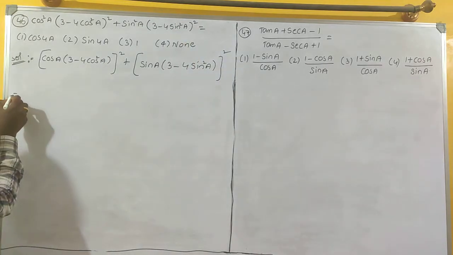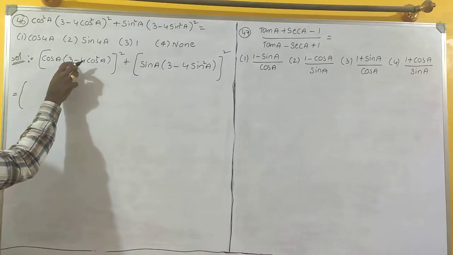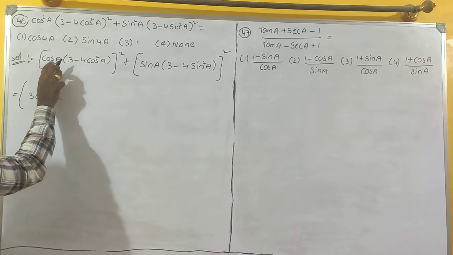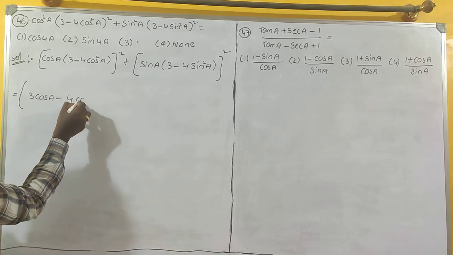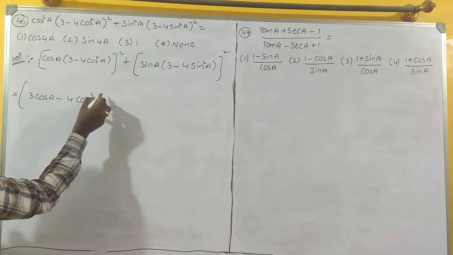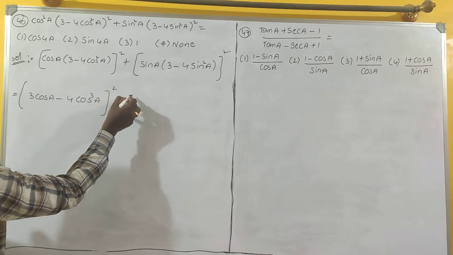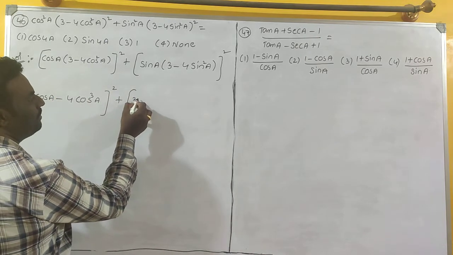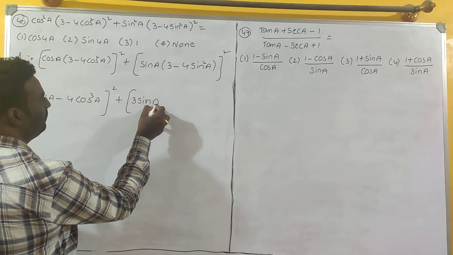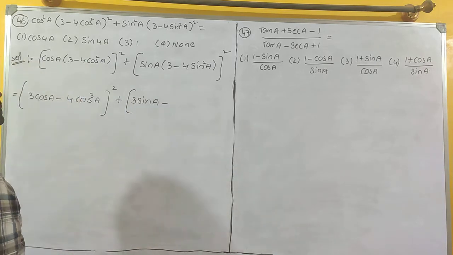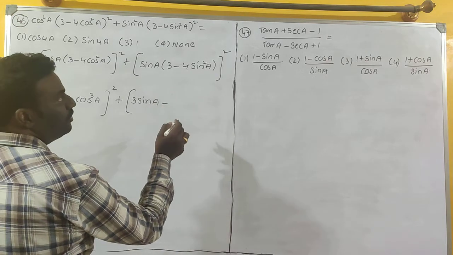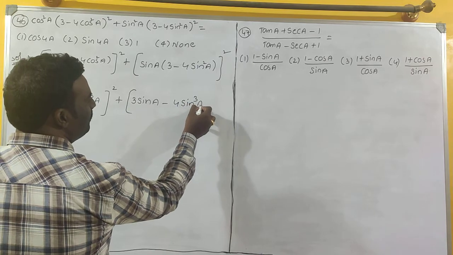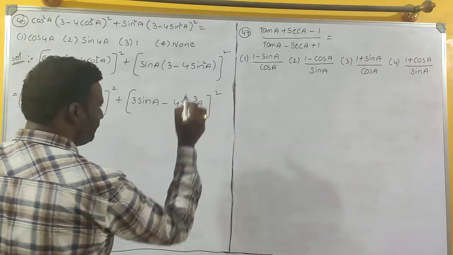That equals to, if you multiply cos a into 3 cos a, cos into 4 cos square a, that is nothing but 4 cos cube a. Here also, sin a into 3 sin a. Now here sin a into 4 sin square a, that is nothing but 4 sin cube a, whole square.